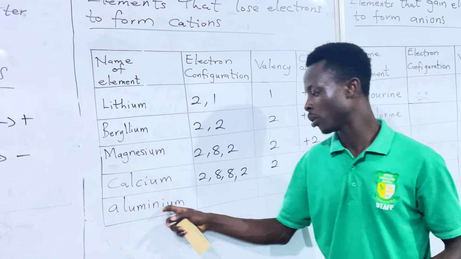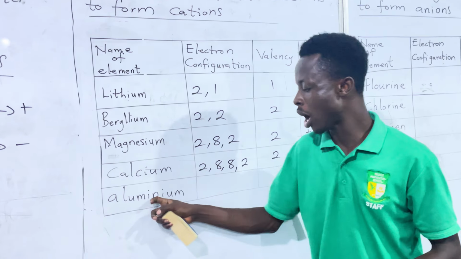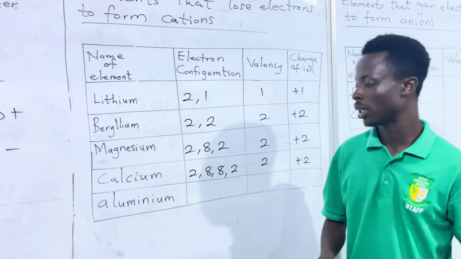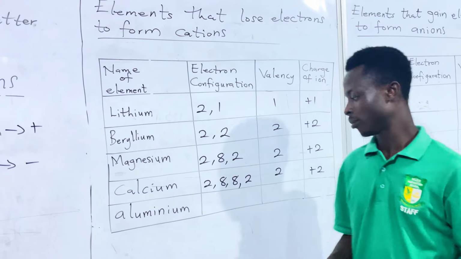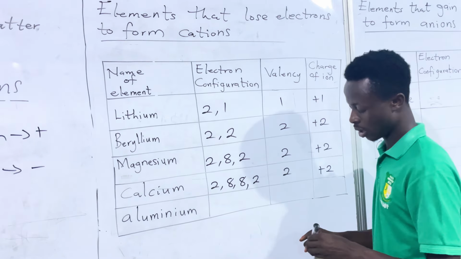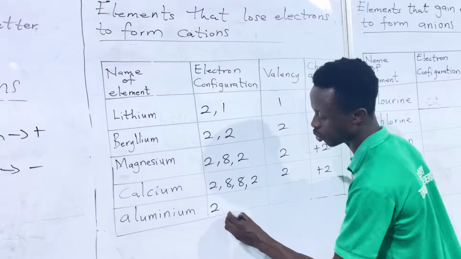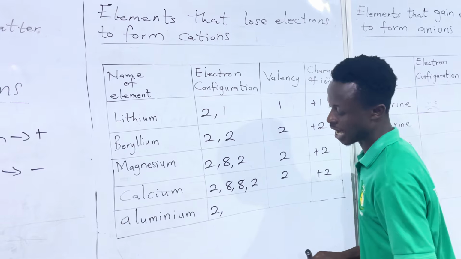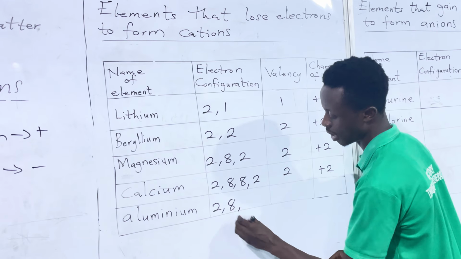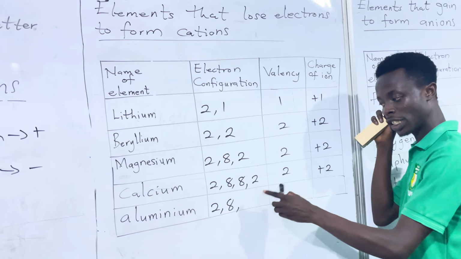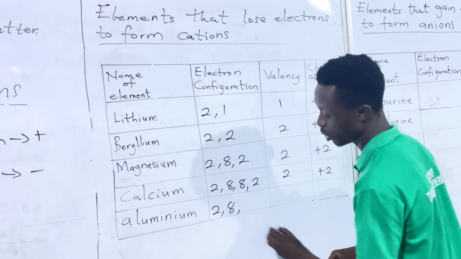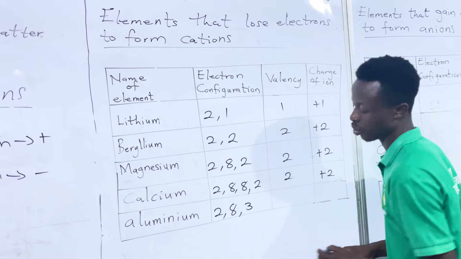Then we have aluminium. Aluminium is atomic number 13, so it has 13 electrons. The first shell will take 2, the second shell will take 8, and then the last shell, which is the third shell, is going to take 3 electrons.